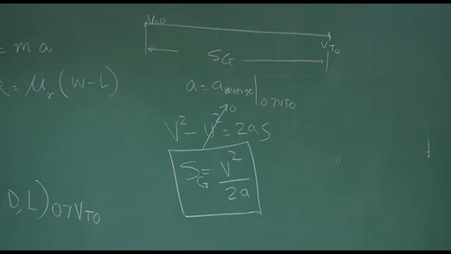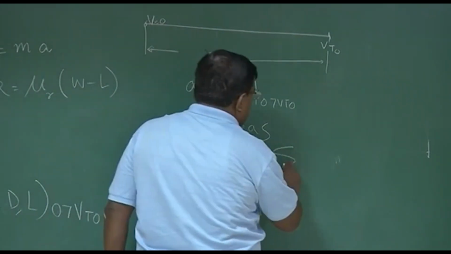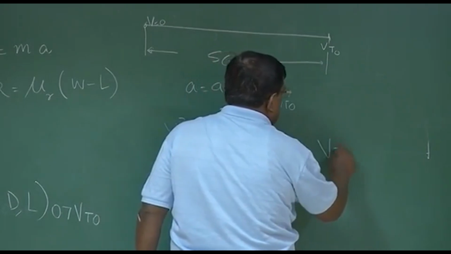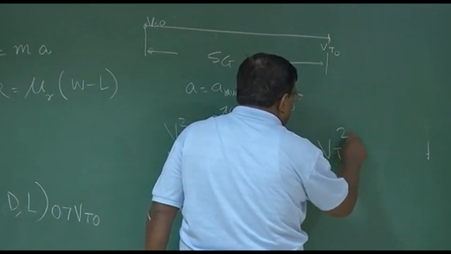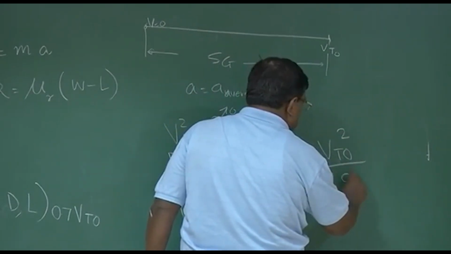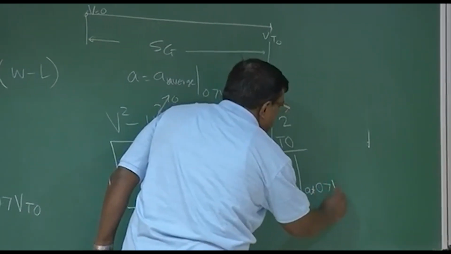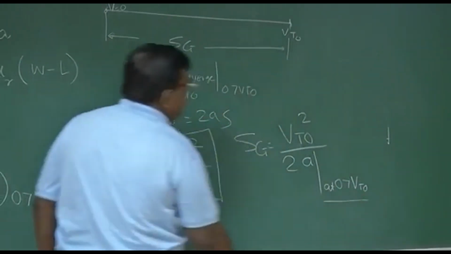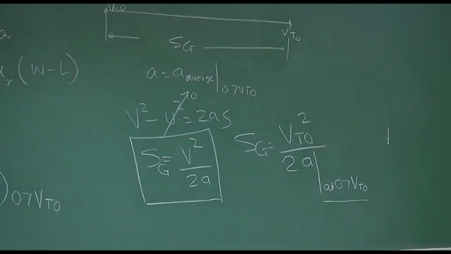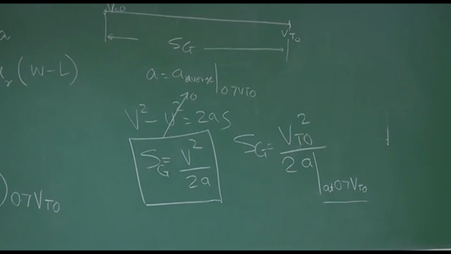To be more precise, SG I can write as V takeoff square by 2a evaluated at 0.7 V takeoff. Very simple. You see how good it is if your concepts are a little bit clear in class 6, 7 or 8, right?